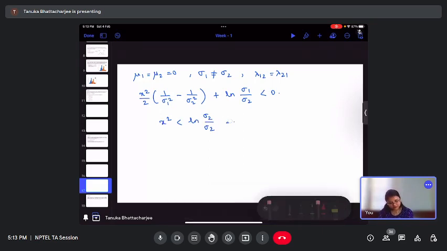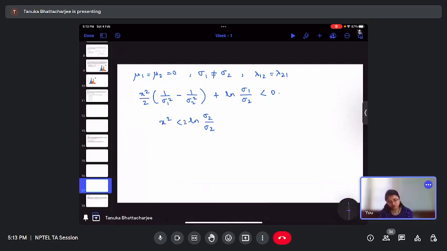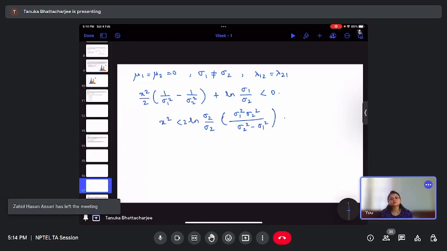So, this is the final expression that you will get: x square should be less than 2 into ln of sigma 2 by sigma 1 into sigma 1 square sigma 2 square by sigma 2 square minus sigma 1 square. This is the final classifier that you have got.